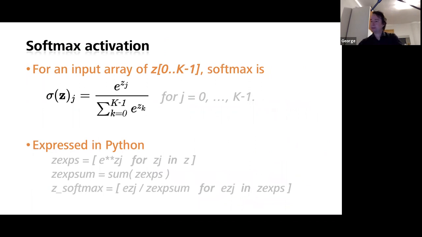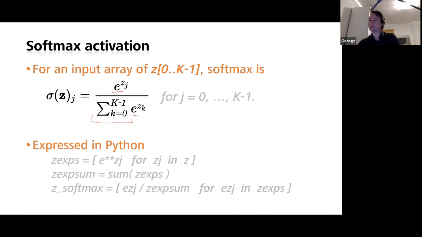Softmax is using an exponent in its formula, and that's the mathematical definition for softmax. So for every output, you take e to the power of that output, and then you divide it by the sum of all of those powers for every output.